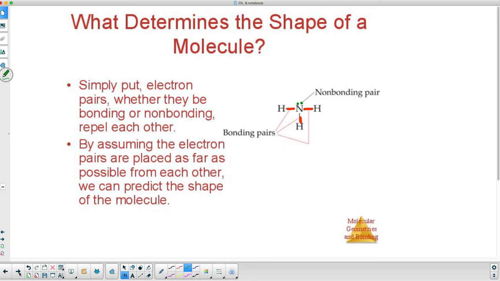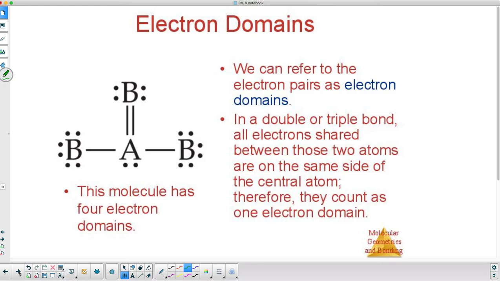Whether it's bonding or non-bonding, I mixed up the colors this time, it doesn't matter. We count the number of electron domains: 1, 2, 3, 4.